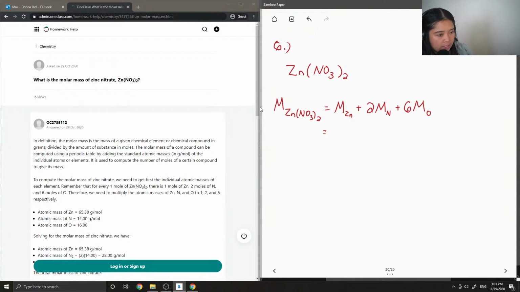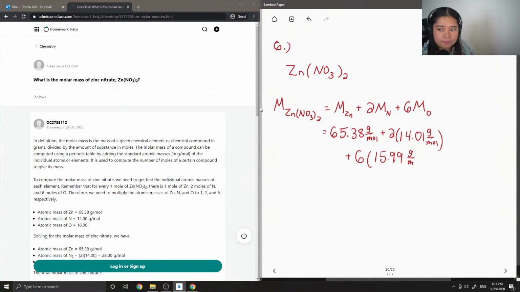The molar mass of zinc is 65.38 grams per mole. The molar mass of nitrogen is 14.01 grams per mole. And lastly, the molar mass of oxygen is 15.99 grams per mole.